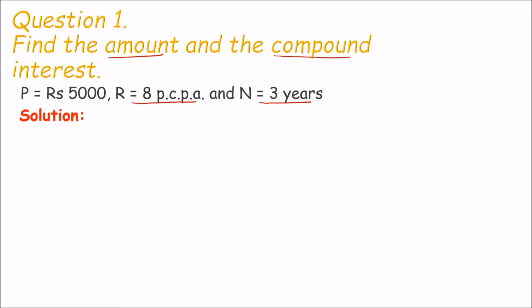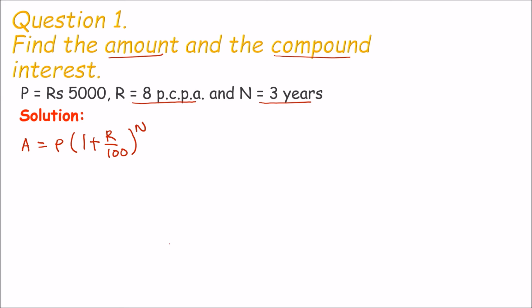First we need to write the formula for the amount. What is the formula for the amount? A equals P in a bracket 1 plus R upon 100 whole raised to N. Okay, it is a formula for finding the amount.